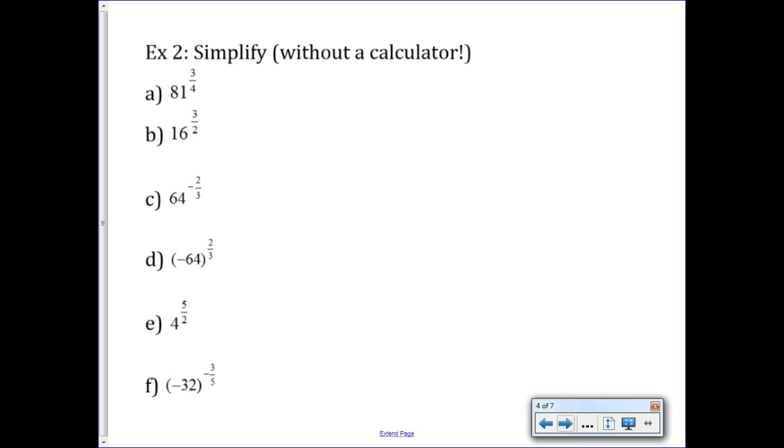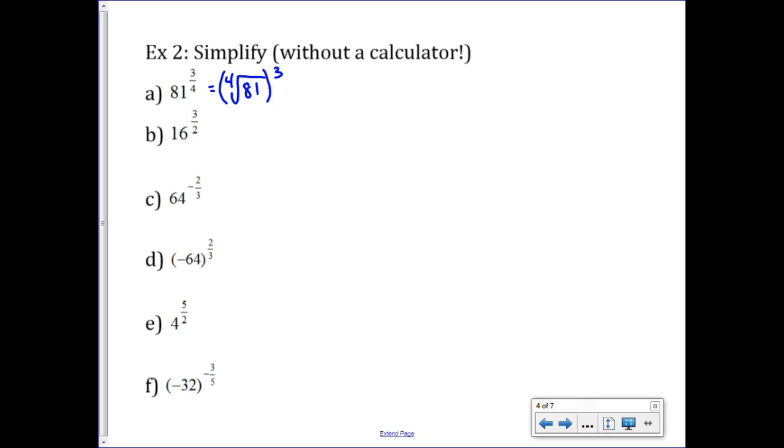All right, so simplify without a calculator. So I could rewrite this as the 4th root of 81 to the 3rd power. Well, I definitely don't want to try to do 81 to the 3rd power. So I'm going to do the 4th root of 81 first. So what do I multiply 4 times to get to 81?